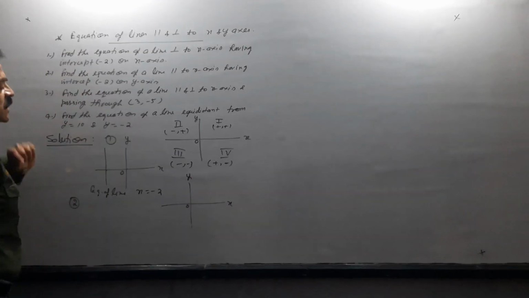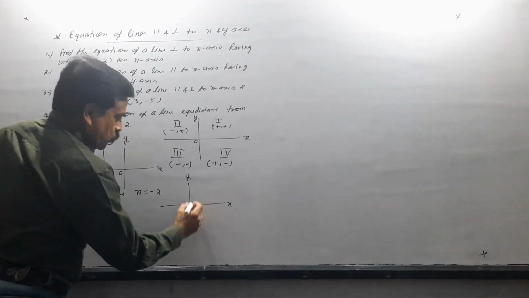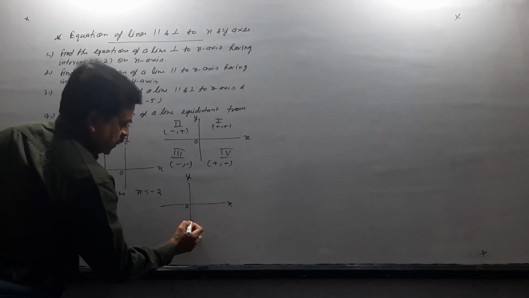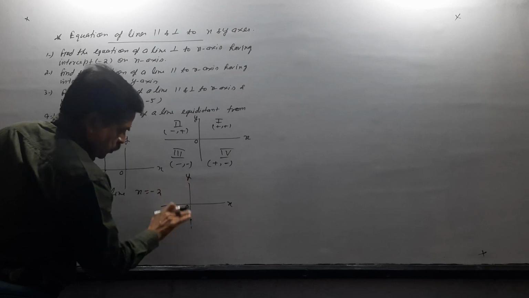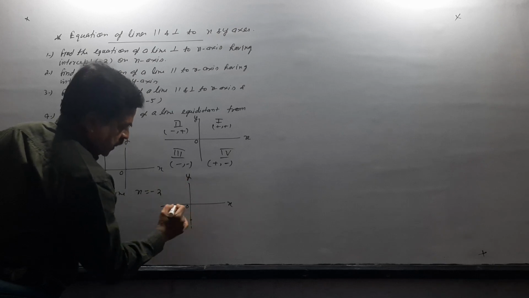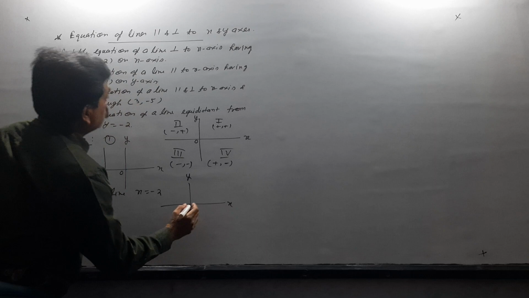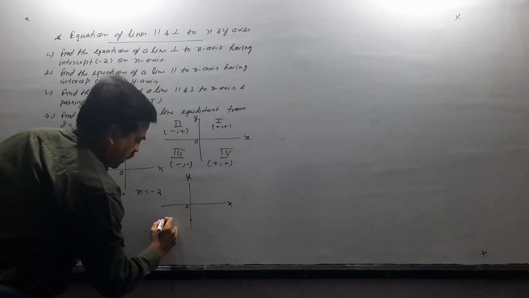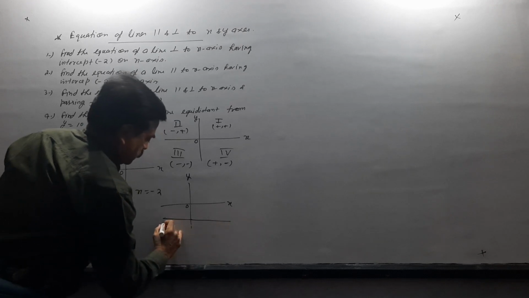And since intercept is -2, suppose this distance is -2. From origin to this point, distance is 2, but the point is lying below the origin, so sign is -2. So -2 intercept on y-axis and parallel to x-axis, line will go in this way.